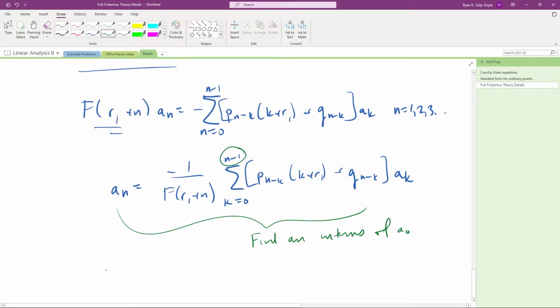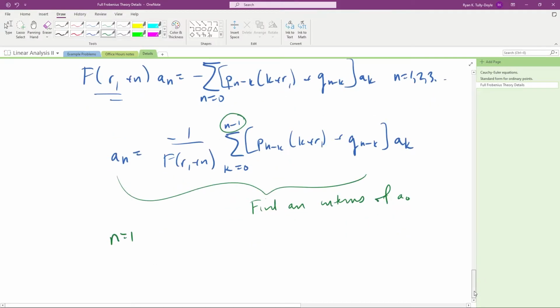So for example, if you plug in n equals 1, what you get is a1 is equal to minus 1 over f of r1 plus 1 times the sum from k equals 0 to 0 of (p 1 minus k, times k plus r1, plus q 1 minus k) a k.